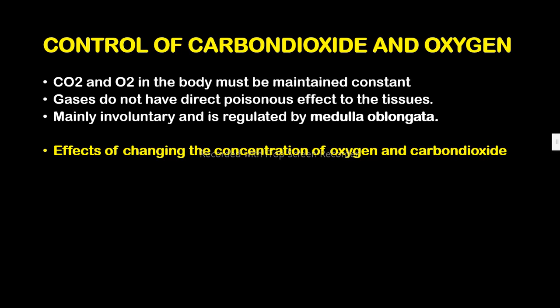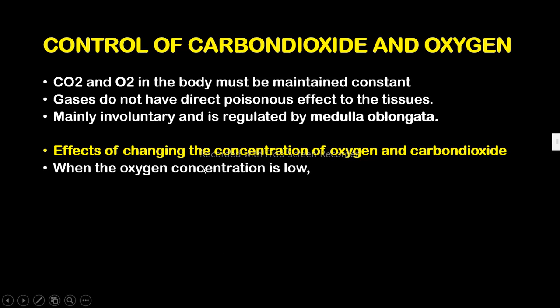So as you are controlling the rate of respiration, you also affect the transport. Anyway, we are going to see how the rate is determined. So let's talk about the effects of changing the carbon dioxide and oxygen concentration.